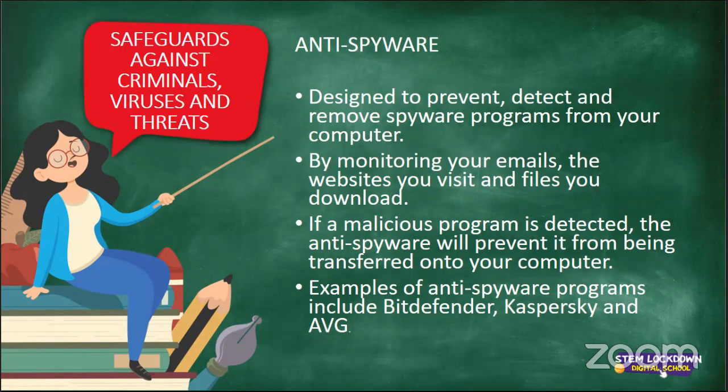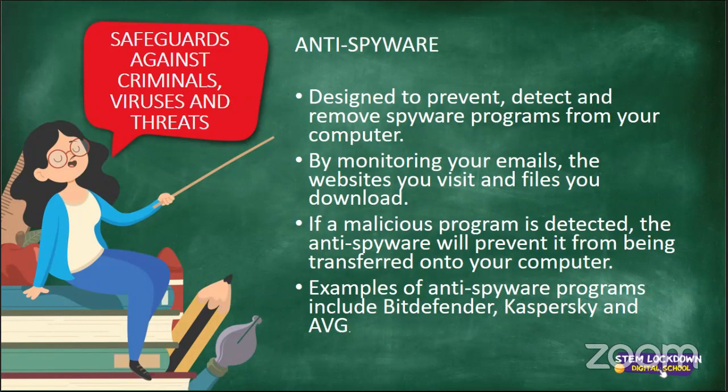With spyware, you're not always aware that something is going on, because it runs silently in the background just to watch what you do. It doesn't affect your computer all the time.